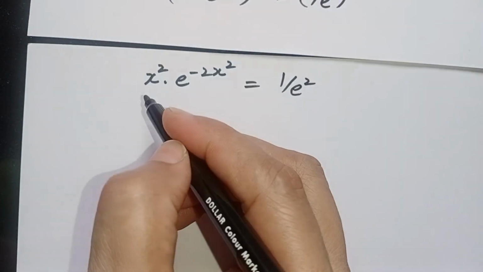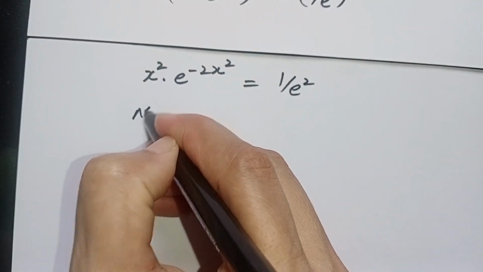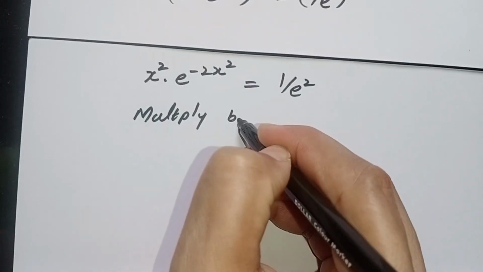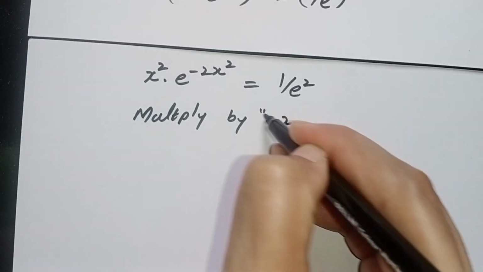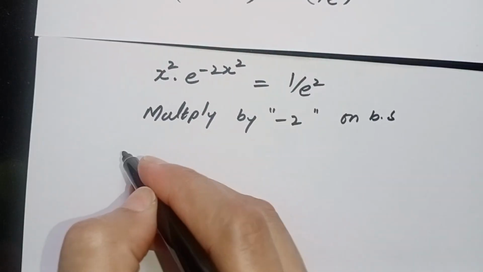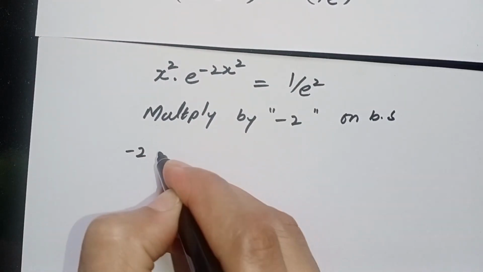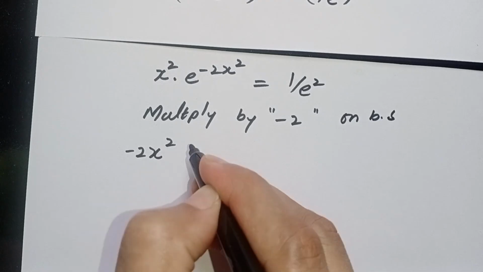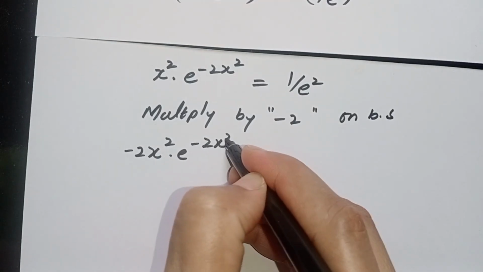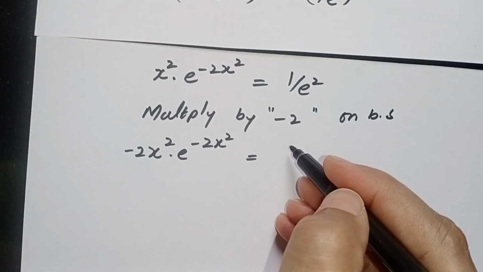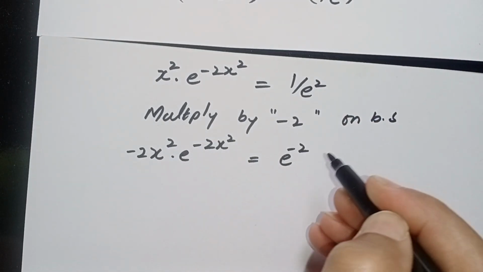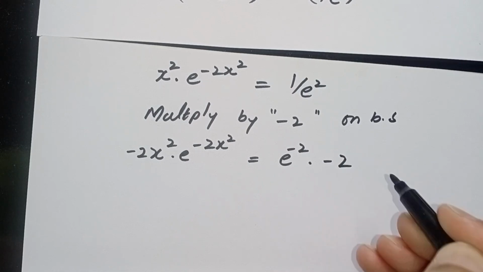Now multiply by minus 2 on both sides, and we get minus 2x squared times e^(−2x²) is equal to, we can write, e^(−2) times minus 2.